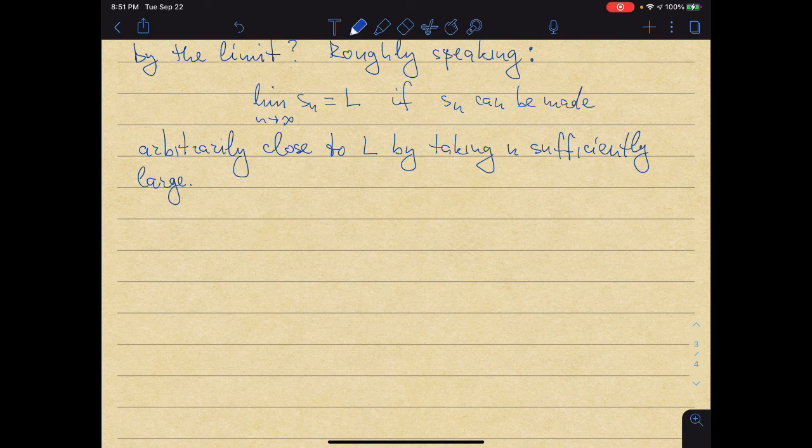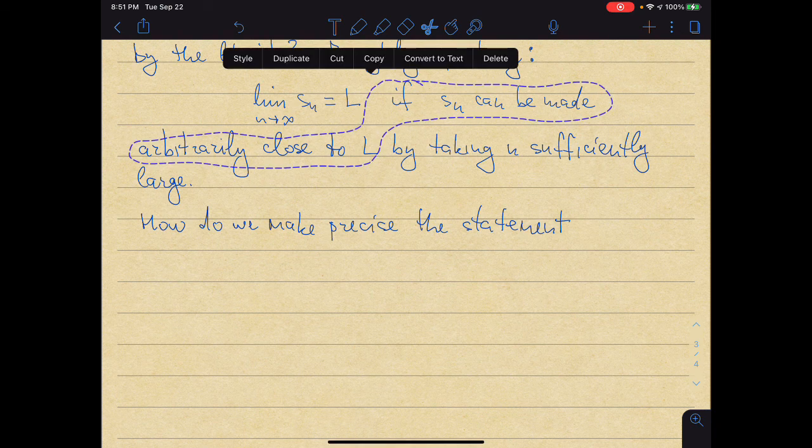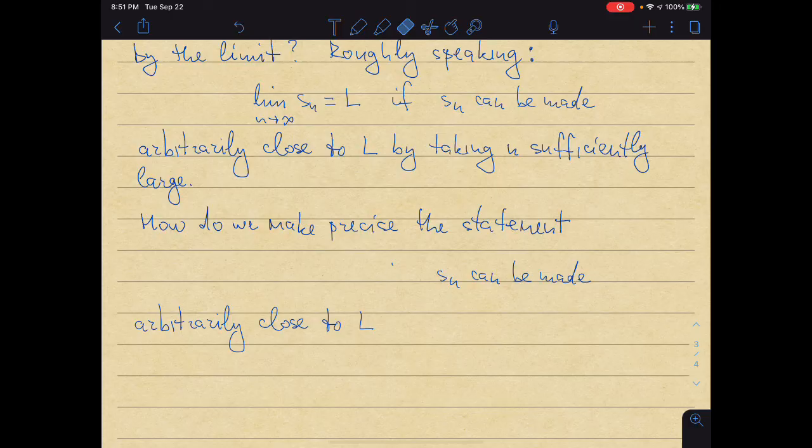How do we make precise this statement, that Sn can be made arbitrarily close to L?